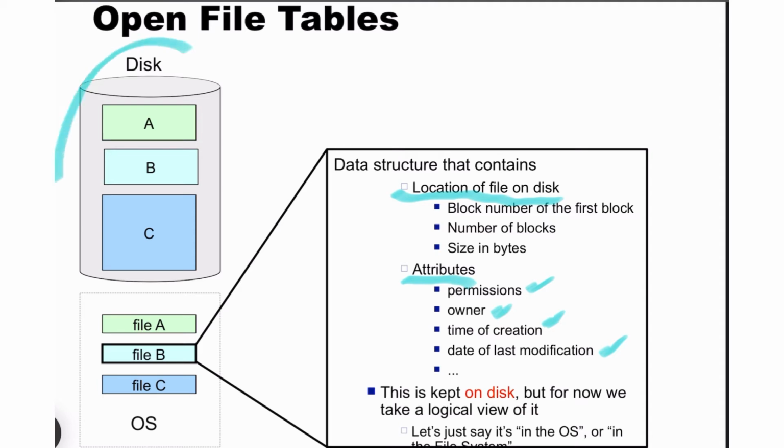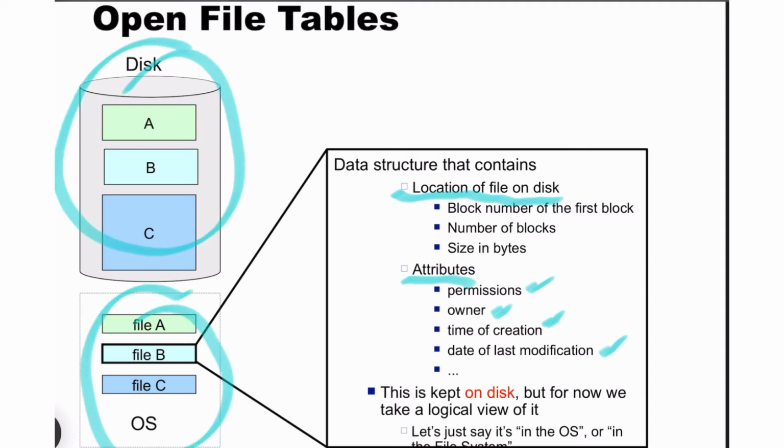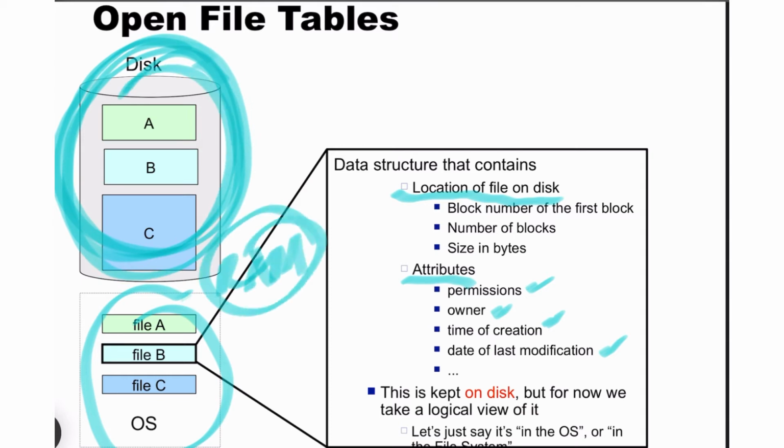So this is the disk, this is the OS. When the file is read from this disk, it will get a copy of the file to our RAM, and then from our RAM it will now be read, of course, by our CPU.